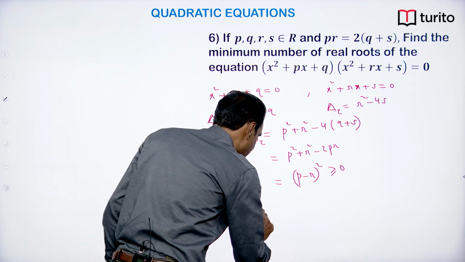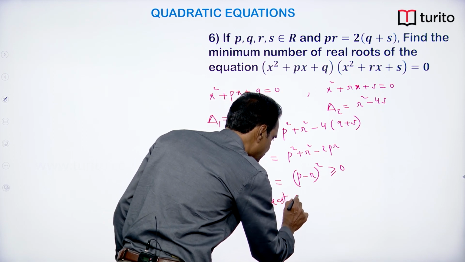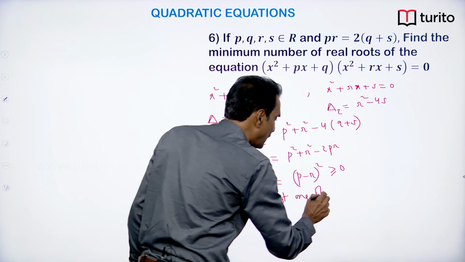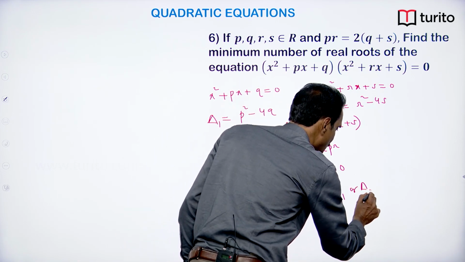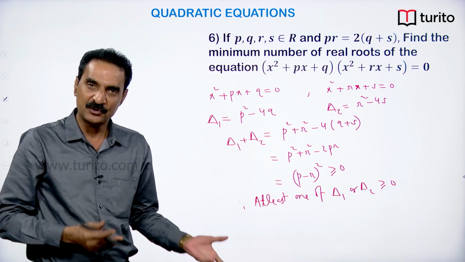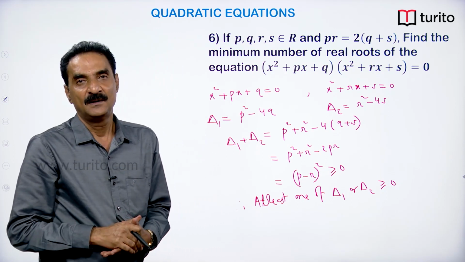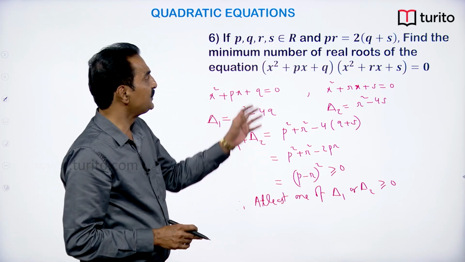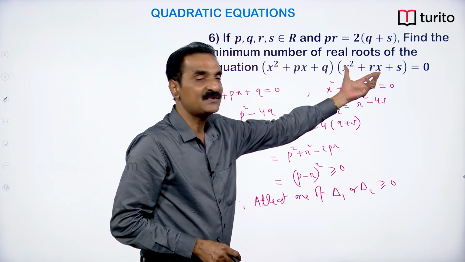Therefore, at least one of delta 1 or delta 2 must be positive. Either both are positive or one is positive, one is negative. Therefore, if both are positive, then this is having real roots, this is having real roots.